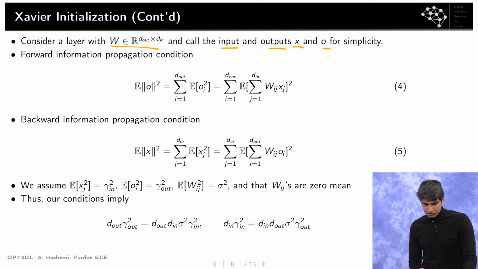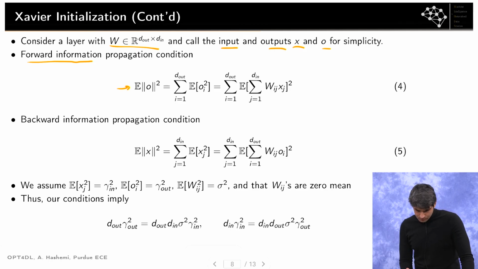So we're going to have two conditions. Our forward information propagation condition is as follows. I want the strength of the output, which we can denote with the second moment, the expected value of the norm of the output squared, to be exactly the same as the strength of the input signal. Here the strength of the output is this expectation, so we can expand it out.